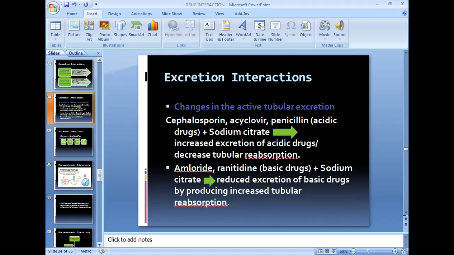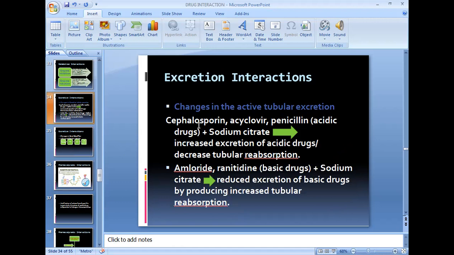Now, the fourth mechanism of pharmacokinetic drug interaction is excretion interaction. It can be of two types. One is a change in active tubular excretion, which is associated with pH change, which results in altered excretion of the drug.